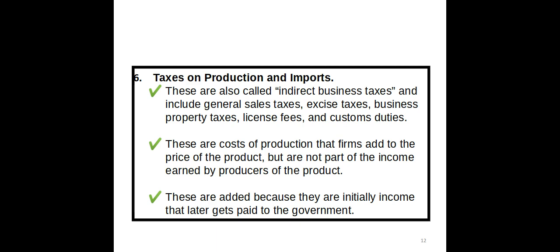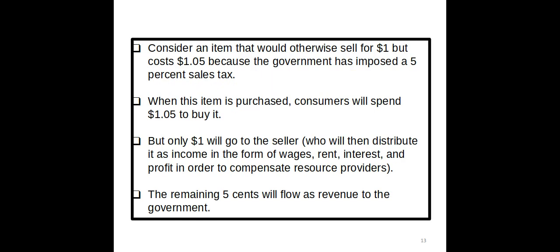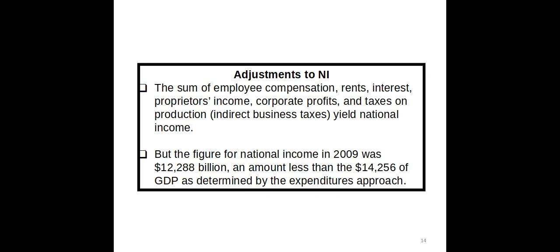It's just income that's going to the government. So here you can see the example of a 5-cent sales tax. When a customer buys it, they pay $1.05. So we have to account for that entire $1.05. Just counting the dollar that goes to the business doesn't cut it. We have to take into account taxes.